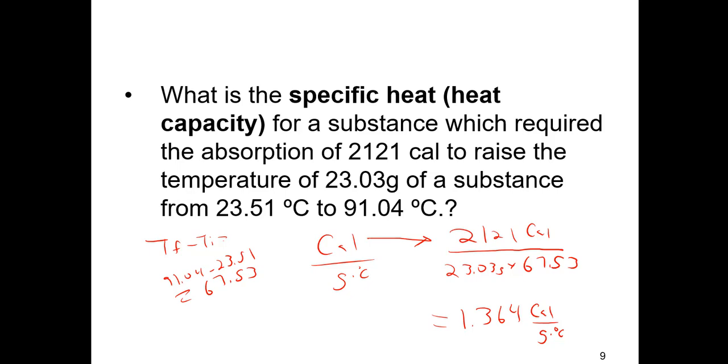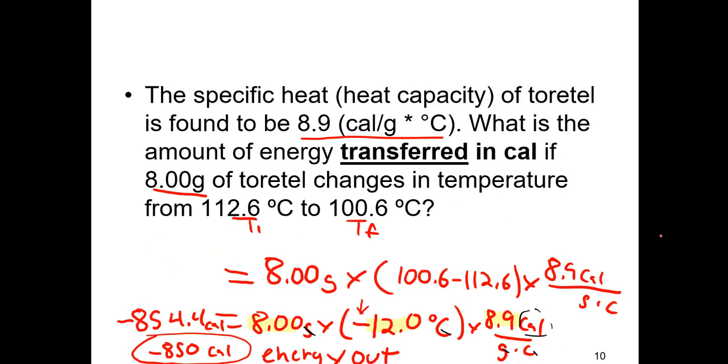This gives us 1.364 calories over grams divided by Celsius. Now all of these values are measured, so it should be 4 sig figs. Let's go ahead and move on to the next problem.